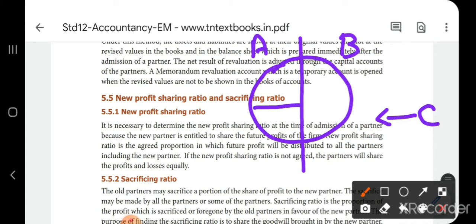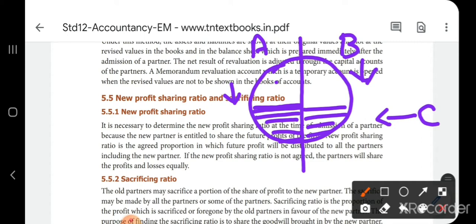A will give one portion of his share and B will also give one portion of his share to C. So that portion which A gives is called the sacrificing ratio. The part which A is giving to C, we call it the sacrifice of A, and the part which B gives to C is the sacrifice made by B. That is known as the sacrificing ratio.